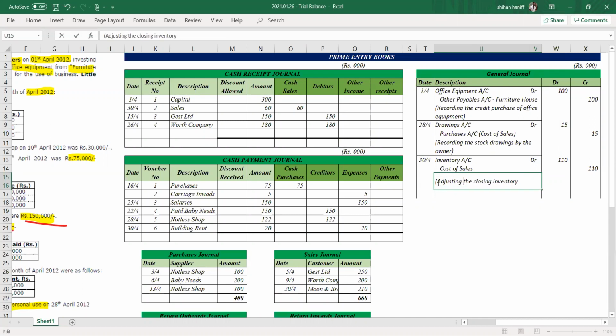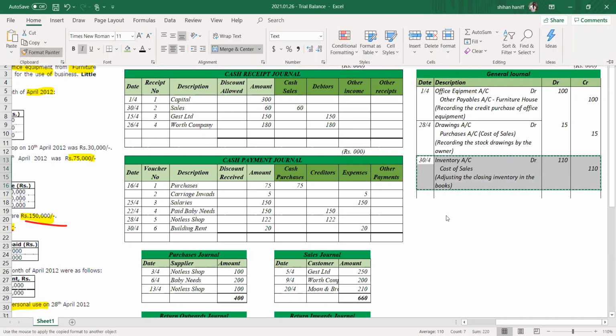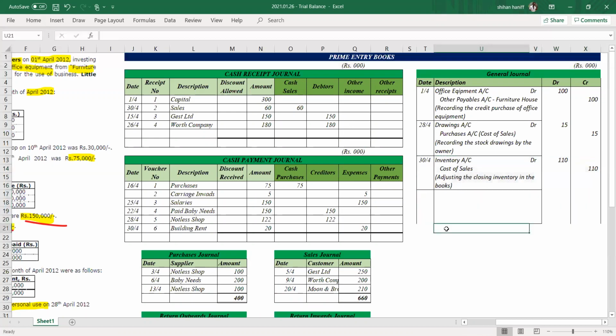Adjusting the closing inventory in the books. 30th April.